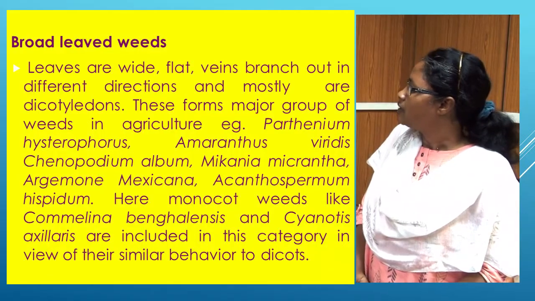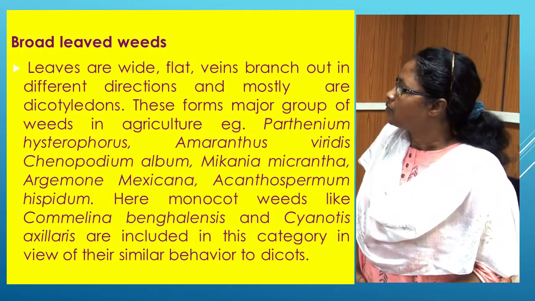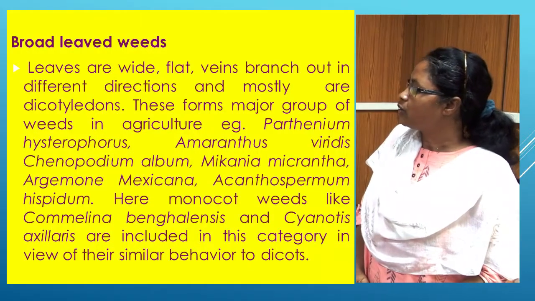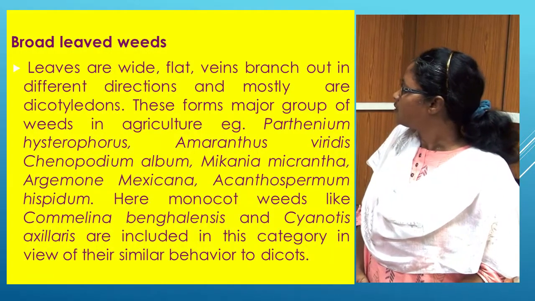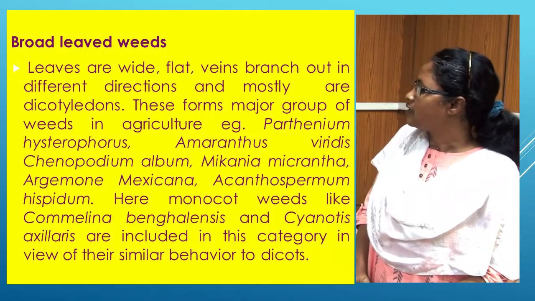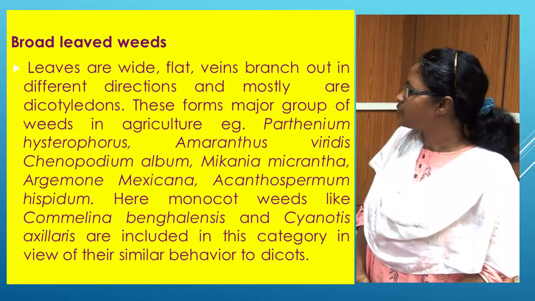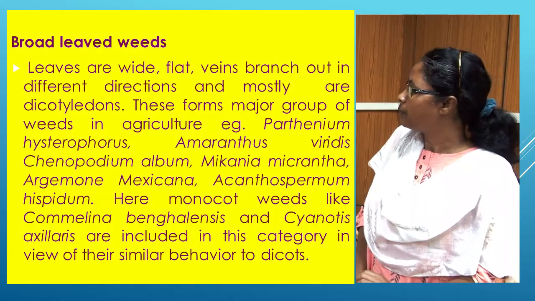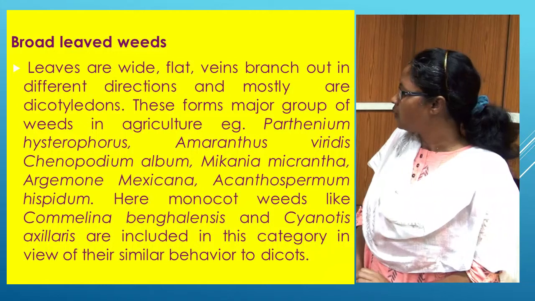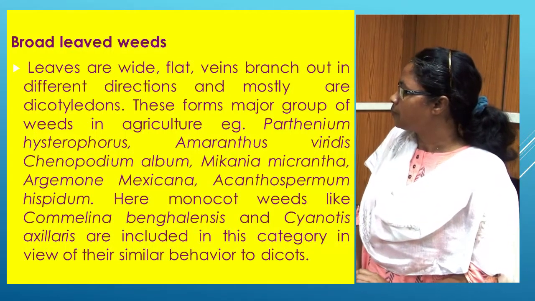Leaves are wide, flat, veins branch out in different directions, and mostly are dicotyledons. These form major group of weeds in agriculture. Example Parthenium hysterophorus, Amaranthus viridis, Chenopodium album, Mikania micrantha, Argemone mexicana, Acanthospermum hispidum.